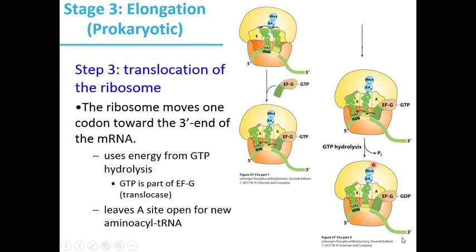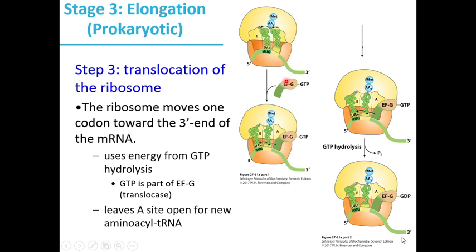Reiterating what I said before, in step 3 of the elongation stage, translocation of the ribosome takes place. Here, the ribosome moves one codon towards the 3' end of the mRNA. So the mRNA codon moves.